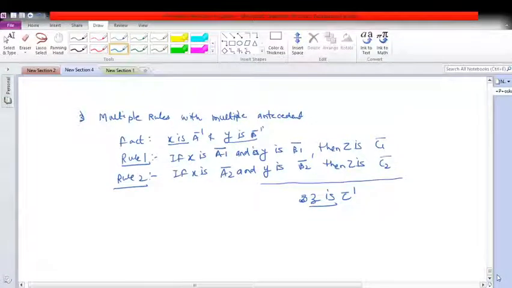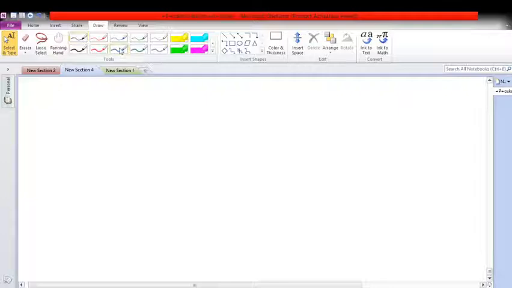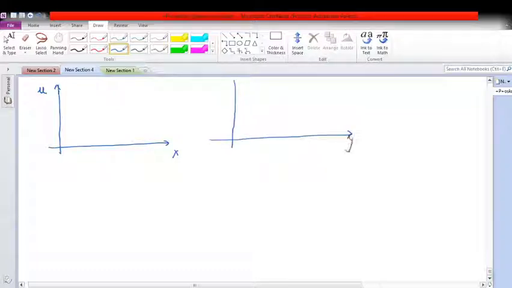Now let us see it first graphically, then we will analyze it, then we will find out mathematically. Okay. So two rules, okay, and two antecedents. So I have two antecedents, that is x with some membership function, y with some membership function, and what is the output or the consequent?